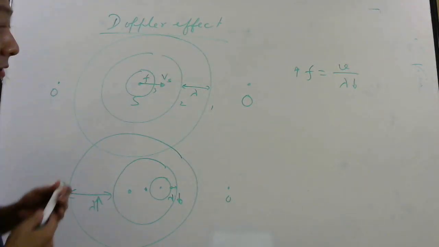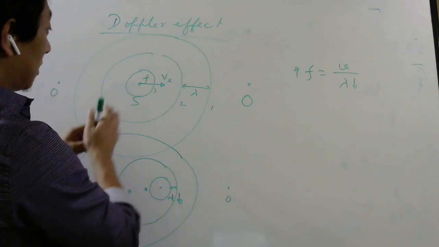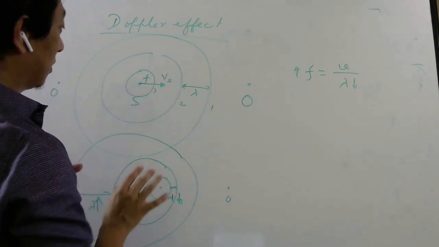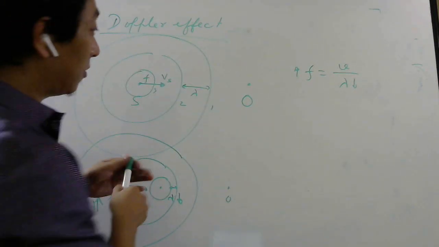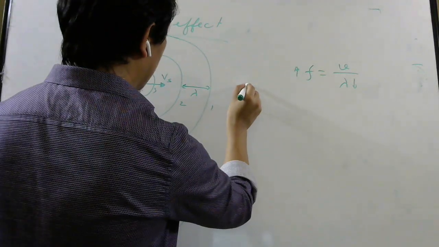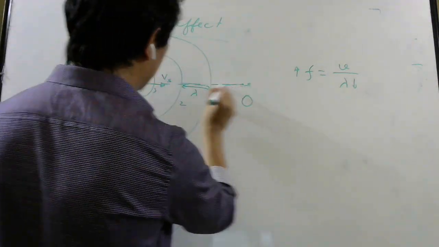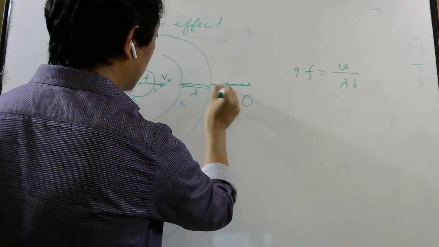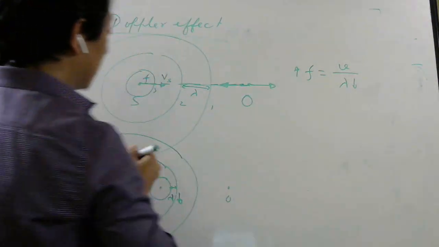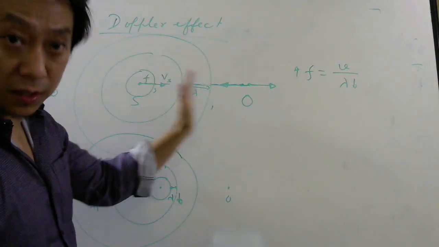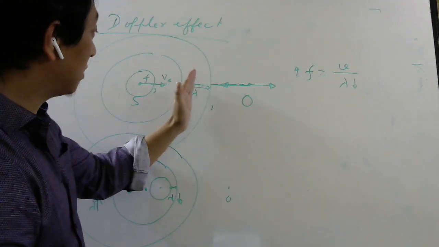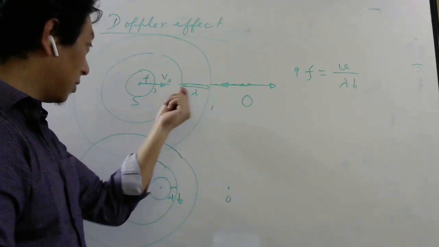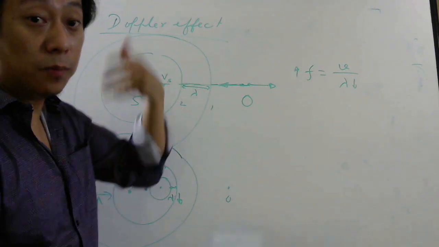increases. Right? Now let us say the source is not moving, so the wavelength doesn't change. But if the observer starts moving along this line, okay, this is important, along the line joining, so if the observer moves towards or away, then the speed of the sound will change, because if sound is coming this way and the observer is also coming this way, then the speed of the sound will be more than before, right?